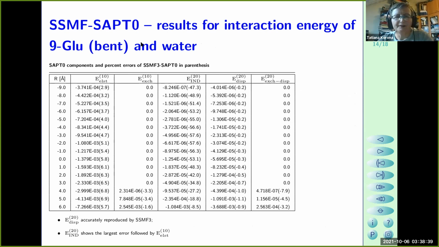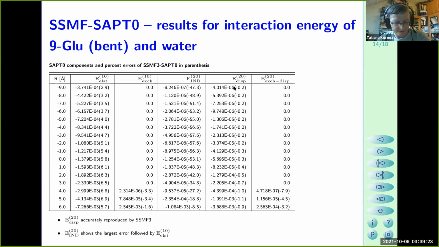So we invented some sort of stretched, bent 9-mer molecule, and we see here more or less the same picture, but with the difference that now the induction energy behaves poorly, and electrostatic a bit better, but the errors are also larger than we would like them to be. But the dispersion energy again behaves perfectly.